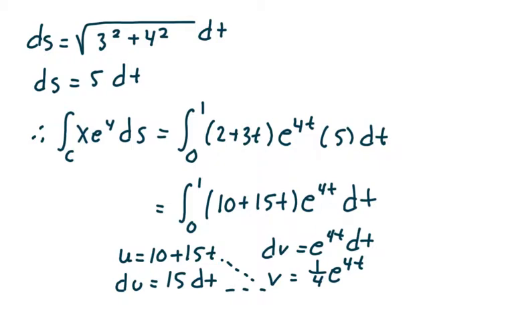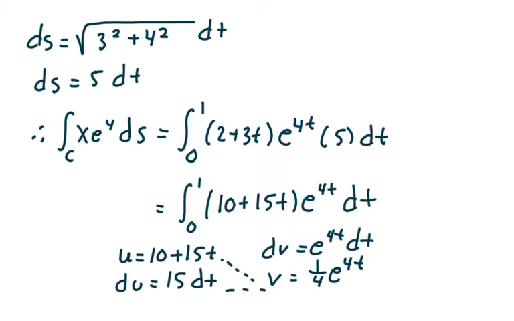So this is classic integration by parts. So I'm going to let u be 10 plus 15t. du is 15 dt. dv is e to the 4t dt. And then v is 1/4 e to the 4t. So I'm going to take uv minus the integral of v du.